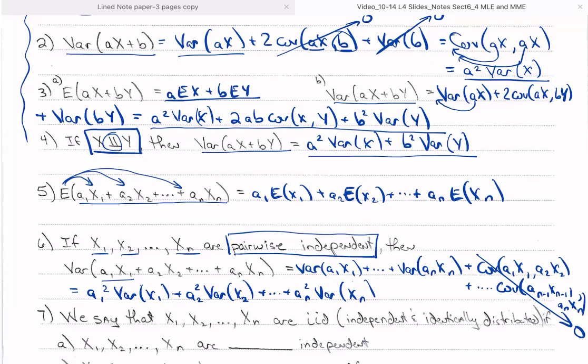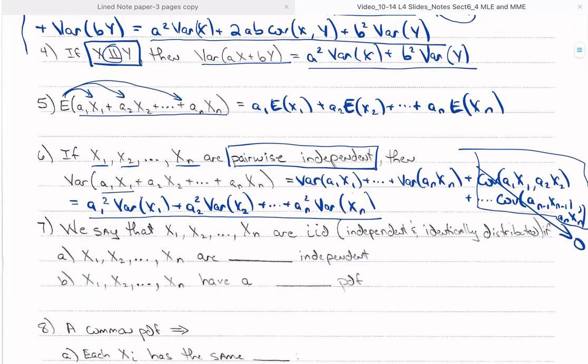Okay, so when we have independence, the variance of the linear combination is very simple compared to when we do not, because all of these covariances, and remember that covariance is related to correlation, so if random variables are independent, then the correlation is 0. It doesn't work the other way. Correlation of 0 does not say that the random variables are independent unless they are normally distributed. So that's a special case.